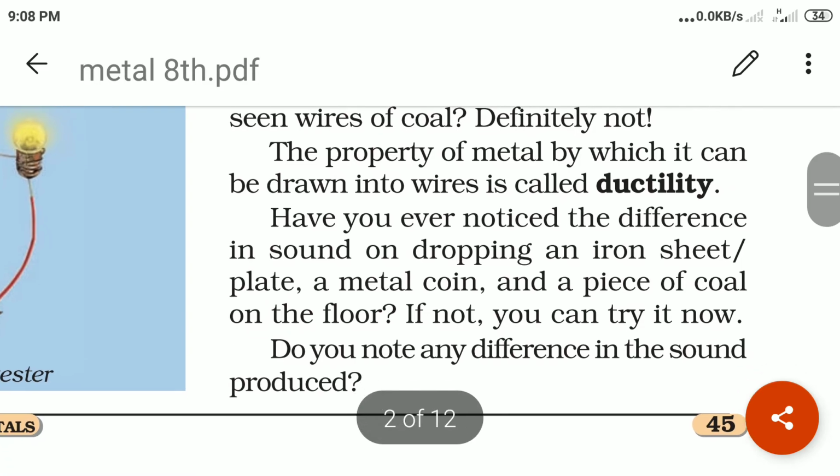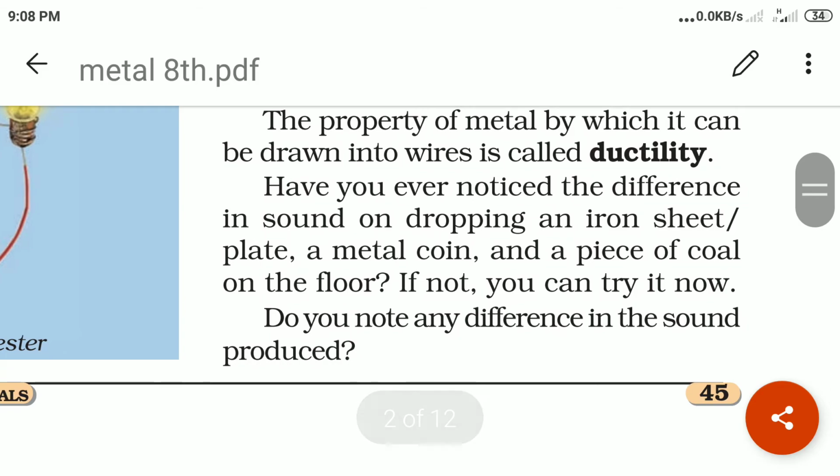It creates a sound. Do you note any difference in the sound produced by the different metals? Glass also has a different sound. Plastic also has a different sound.